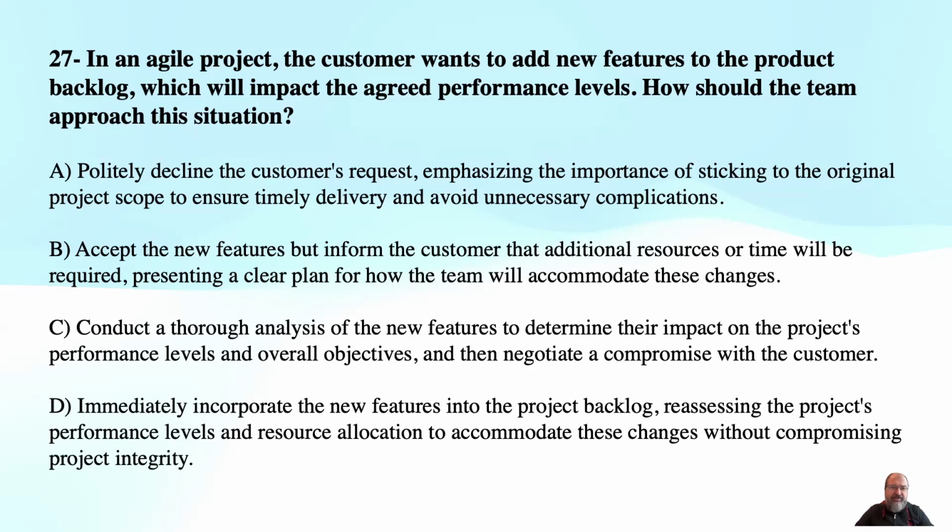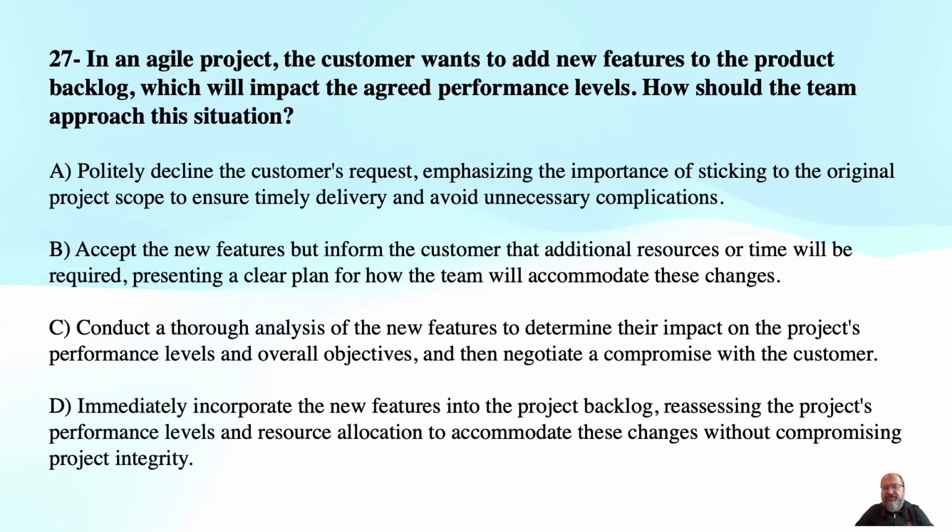Option beta is incorrect because it assumes that accepting the new features without negotiation is the best approach. While it's important to be transparent about the implications of adding new features, simply accepting them without discussing the impact on the project's performance levels and overall objectives could lead to scope creep and project delays.